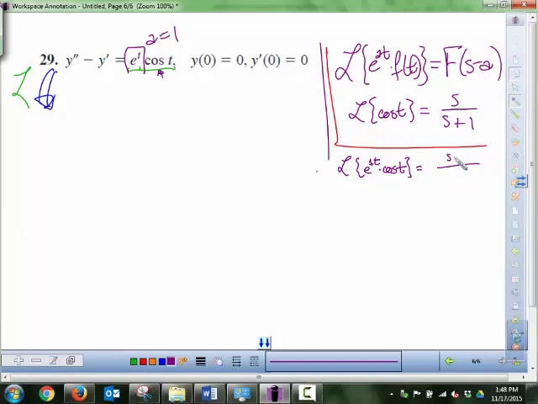So s minus 1 on top, s minus 1, oh, this should be squared, sorry. s minus 1 squared plus 1 in the bottom. Okay? Does that look okay, the shift?